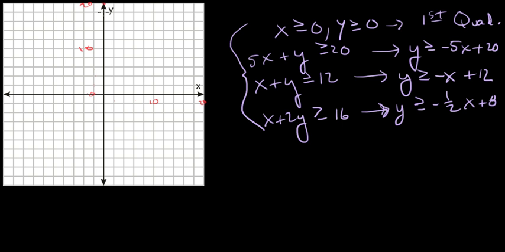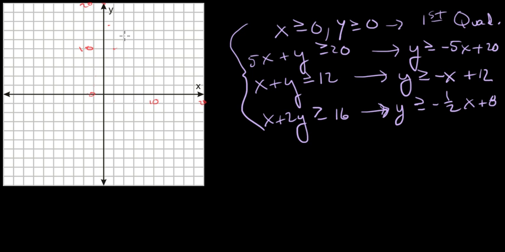So I put 20 up here. I go down 2, 4, 5, and to the right 1. Remember, I'm doing 2 for 1, so the right 1 would be right here. Another way of doing negative 5 over 1 would be negative 10 over 2. So I can go down 10 units and to the right 2 units.